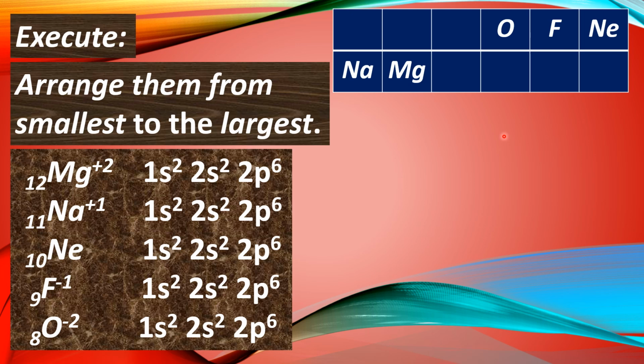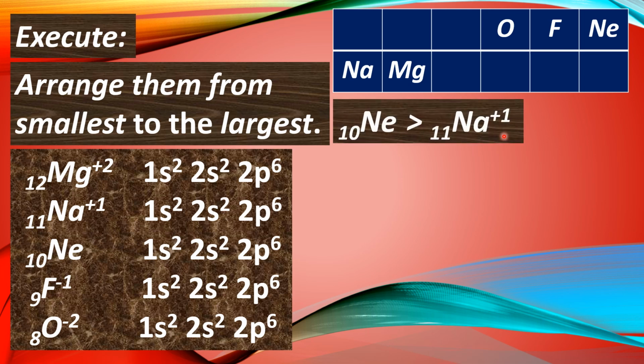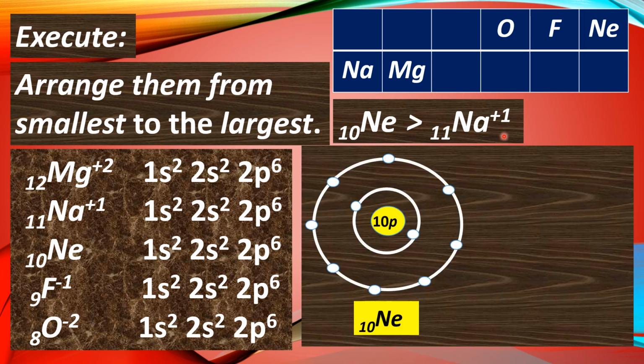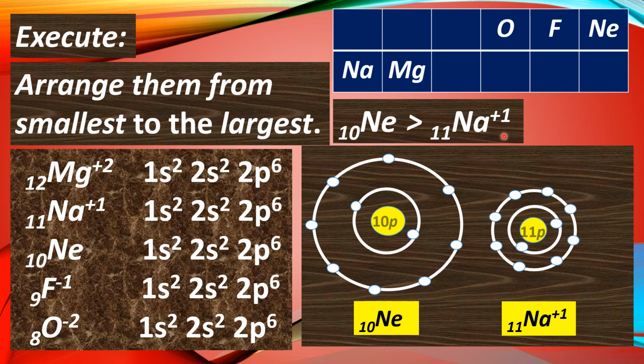The neutral neon gas atom must be bigger than the positive sodium +1 ion. A positive ion like sodium must be smaller than a neutral atom due to 1 electron loss, but with the same nuclear charge, since the 11 protons are still intact in the nucleus, causing it to decrease in size.